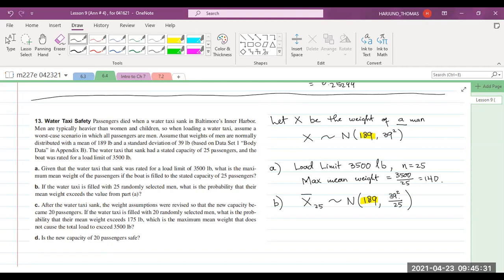If the weights of men have variance 39 squared, standard deviation 39, then the mean weight of 25 men will have standard deviation 39 divided by square root of 25. Okay, so what is the probability that the mean weight of these 25 men is more than 140?